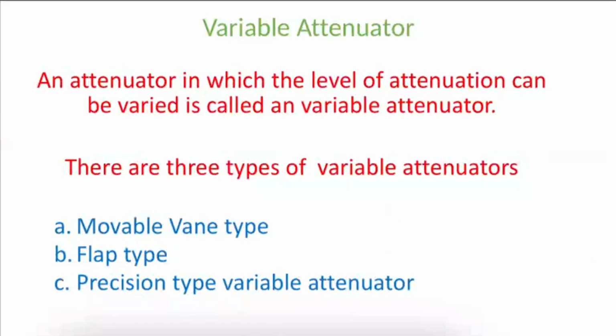There are three types of variable attenuators: the movable vane type of attenuator, the flap type of attenuator, and the precision type variable attenuator. All these three are called variable attenuators because we can change the level of attenuation in accordance with requirement.